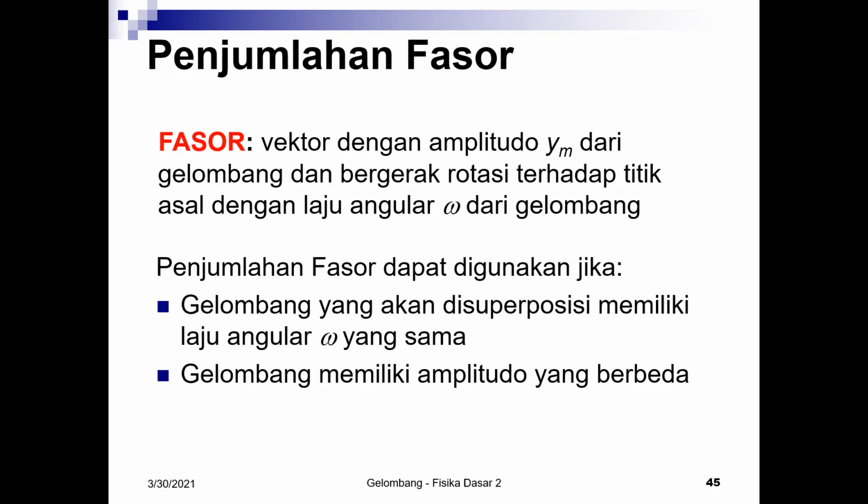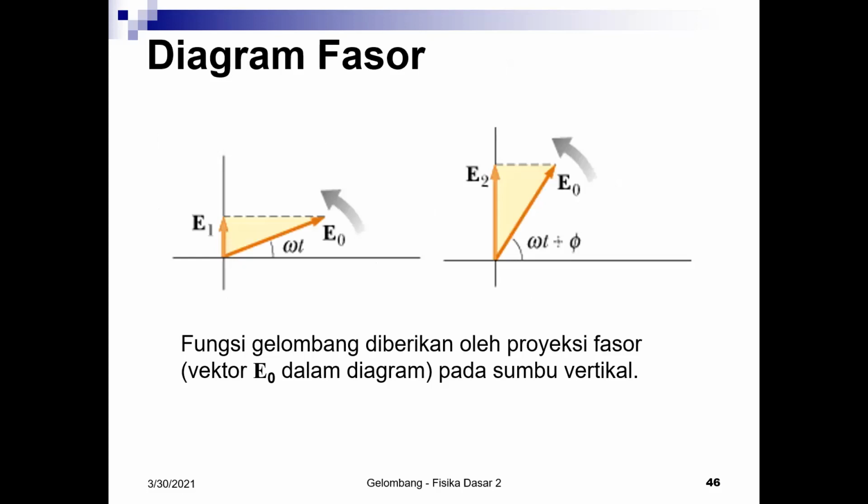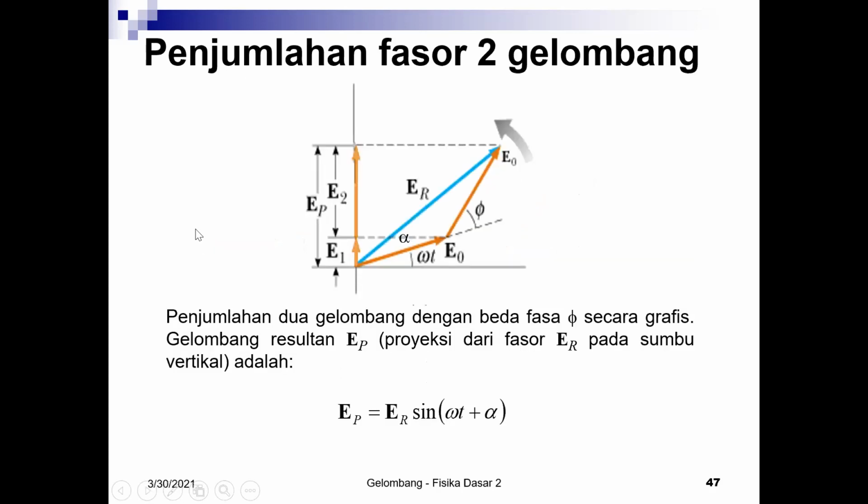For example, we have E0, the amplitude of the wave. This E1 is a projection of phasor A0 onto the vertical axis. So we have two waves, E1 and E2.